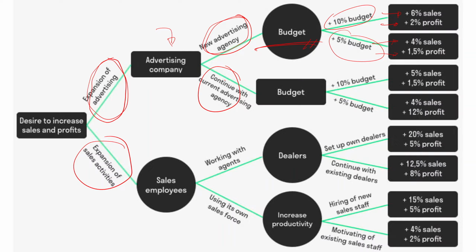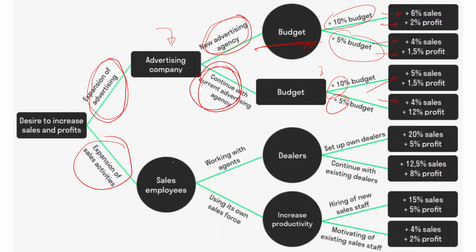And if you continue with your current advertising agency and increase the budget for that agency by 10%, you might have a possible outcome of a 5% increase in sales and 1.5% in profit. Or when you increase the budget by 5% with your current agency, you might have a 4% increase in sales and 12% increase in profit. Or I think this is 1.2. Yeah, this is 12%. So on and so forth.